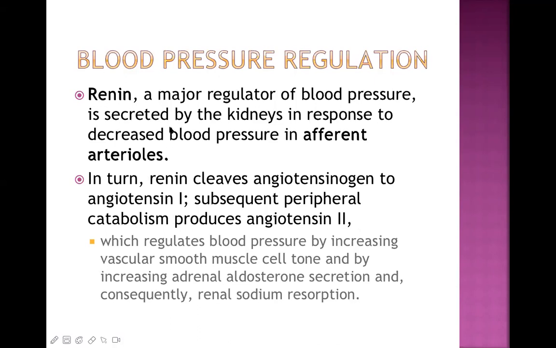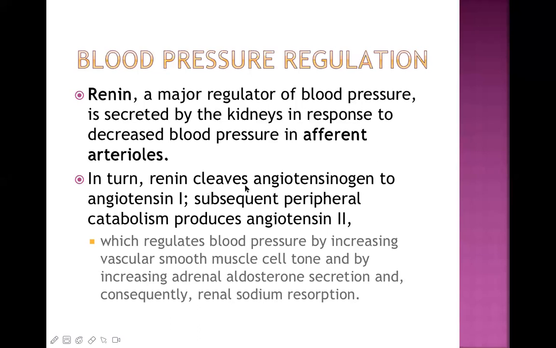Now, renin is a major regulator of blood pressure. How? That's the question. It is secreted by the kidney in response to decreased blood pressure in the afferent arteriole. Now, that can happen if there is hypovolemia or hypotension, when there is decreased perfusion of the kidney in the region of the afferent arteriole, then renin would be released.